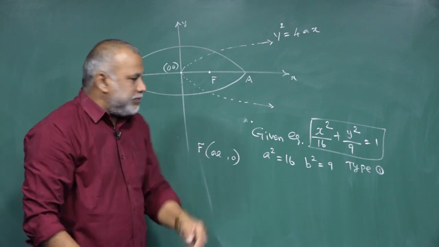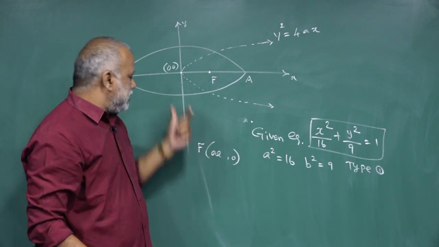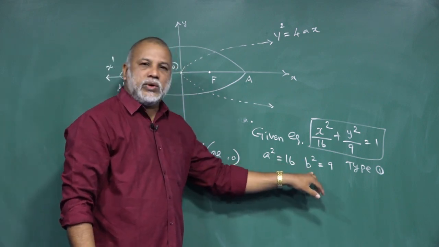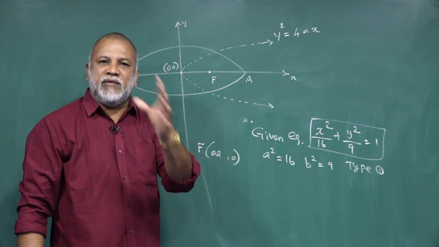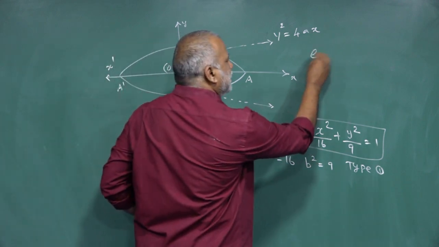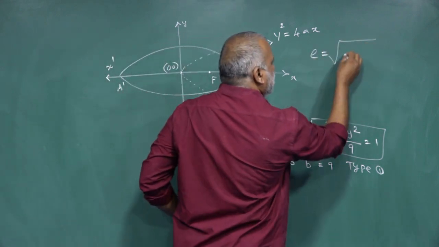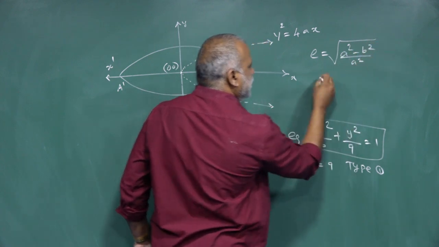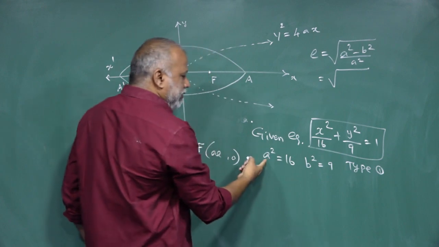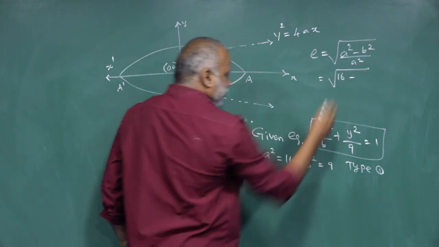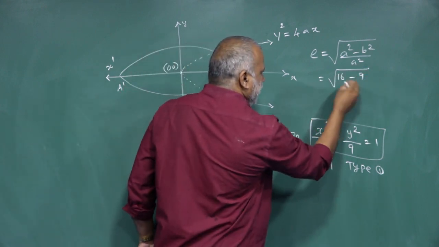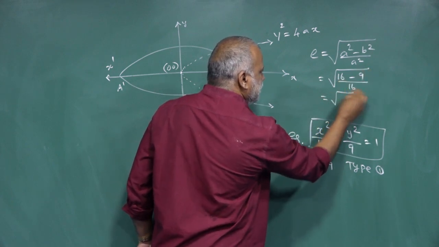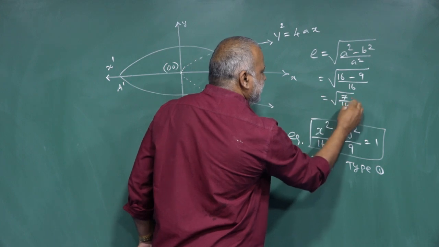We are already discussing that we are taking only one focus. So we need ae. See, we already worked out a squared, then b squared. We are going to find out the value of e. What is the formula to find the value of e? Square root of a squared minus b squared divided by a squared. See here, a squared already worked out, 16 minus b squared 9 divided by 16. 16 minus 9, we get square root of 7 by 16.